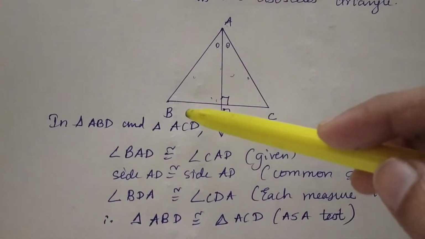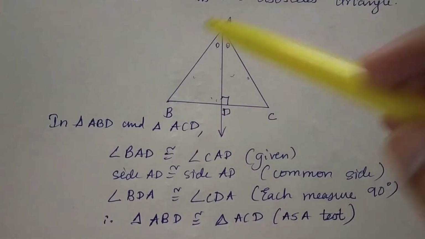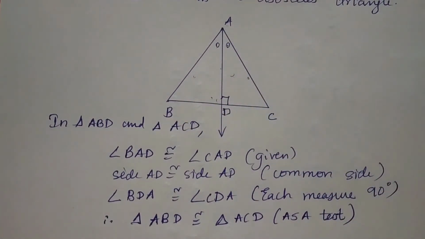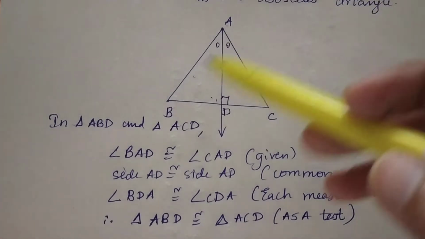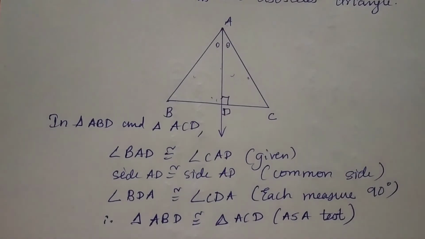So which is the remaining side? BD becomes equal to DC. But we don't want that. Also AB becomes equal to AC. So we'll write down that AB is congruent to AC, and then since AB is congruent to AC, we'll say that this triangle is an isosceles triangle since its two sides are congruent.